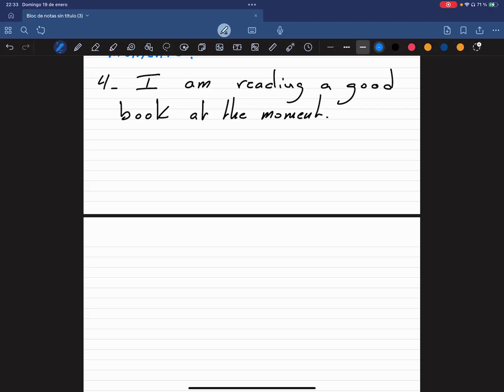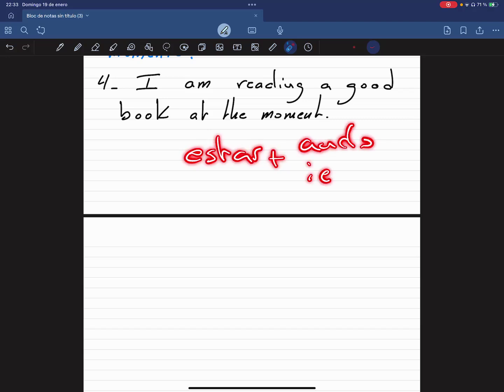I'm reading a good book at the moment. So this is another ongoing action, to be plus ing, to be doing something. That is always estar plus ando or yendo.